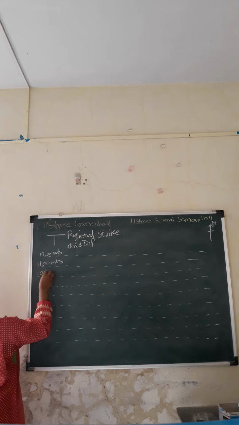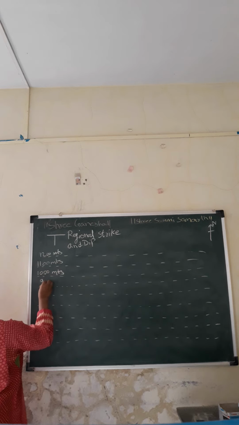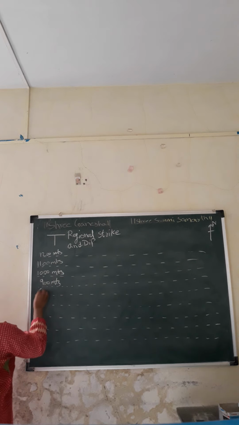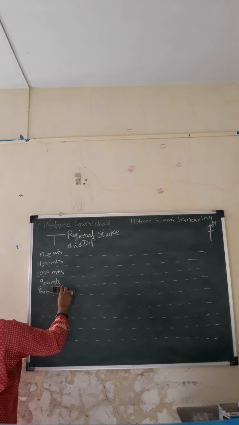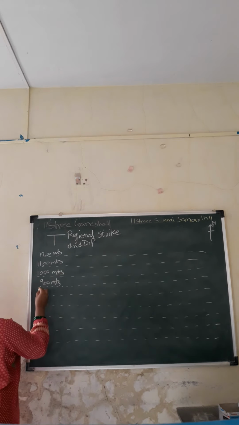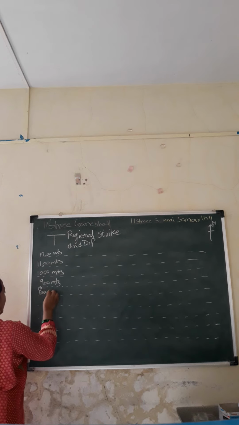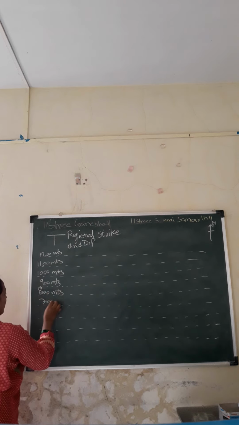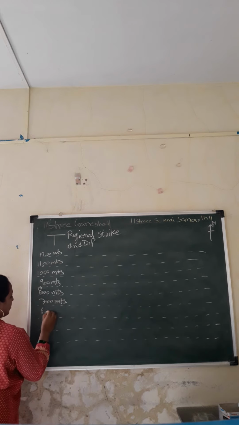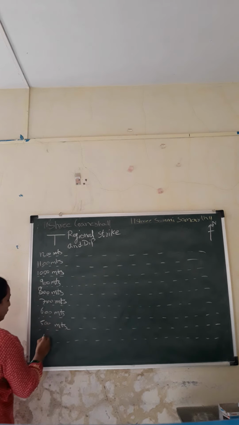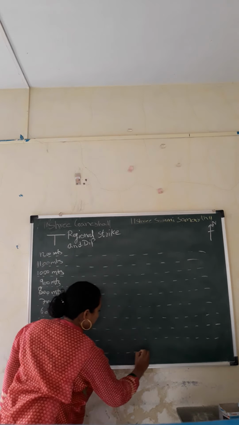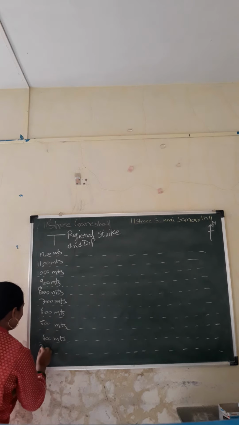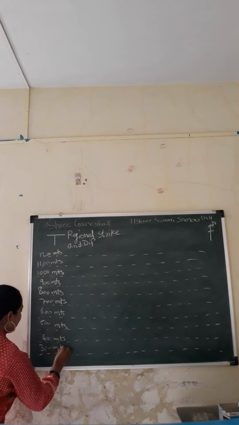This is 1000 meters, 900 meters, 800 meters, 700 meters, 600 meters, 500 meters, 400 meters, and one more, that is 300 meters.